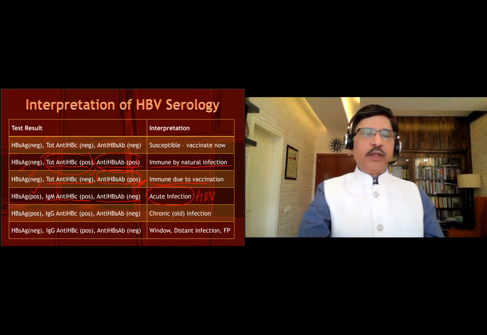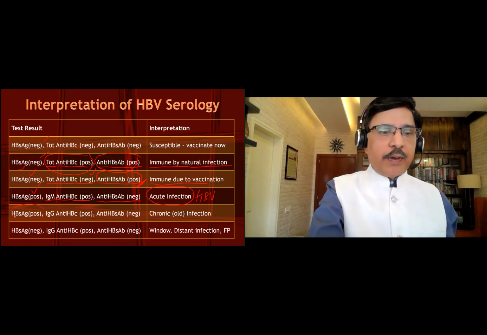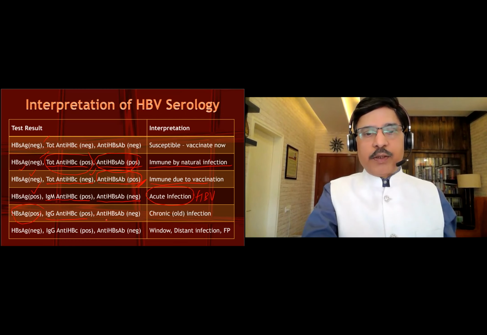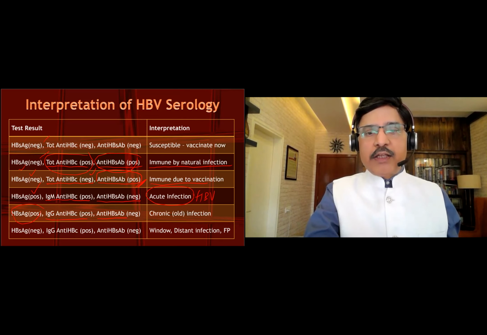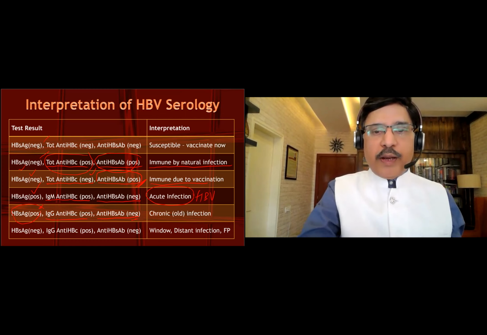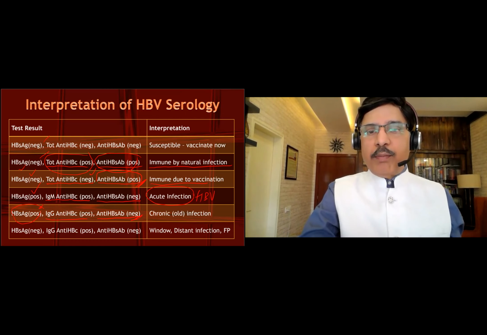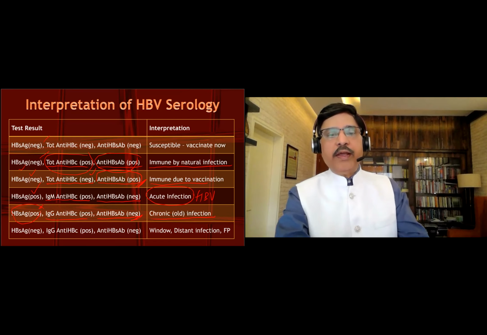Now go to the next line. HBs antigen is positive and the core antibody IgG antibody is positive, but the anti-HBs antibody is still negative. That means the antigen is so dominant and the antibodies are not developed. This is called the chronic infection or old infection.